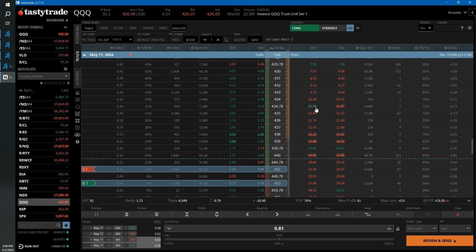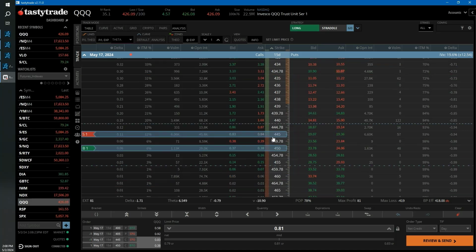On the call side, selling the same type of situation, 445 outside of a one standard deviation move. I'm giving a little bit more wiggle room to a bullish bias here. So sell the 445, buy the 450. So I've got a 405 put sale, a 400 buy.